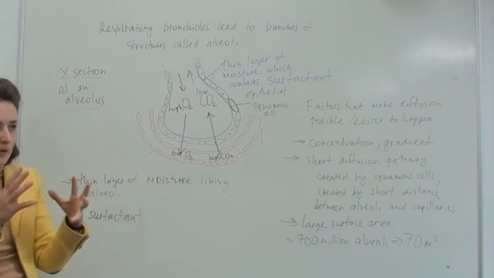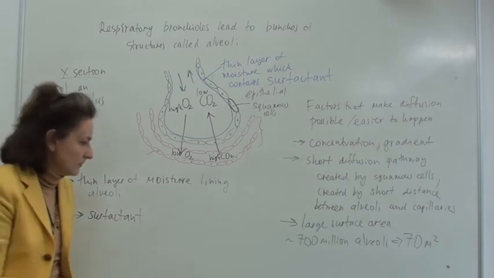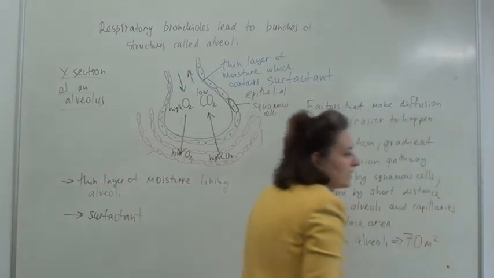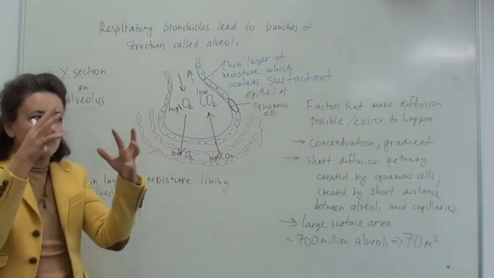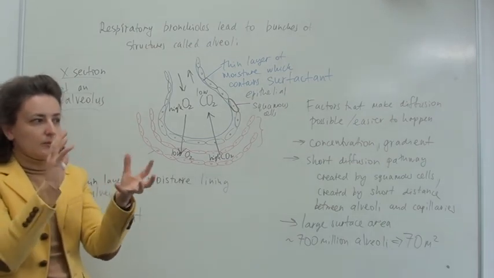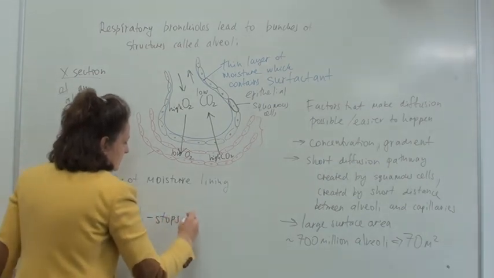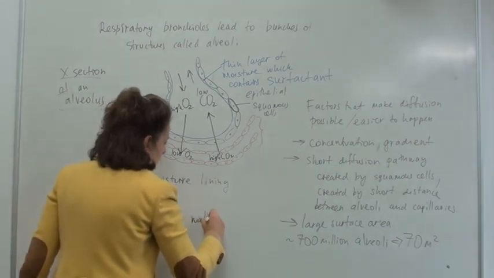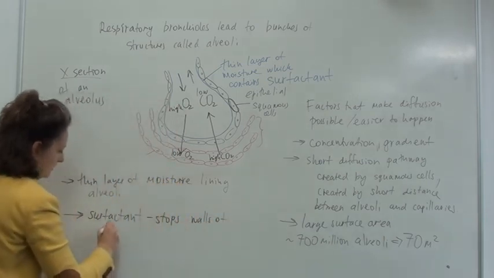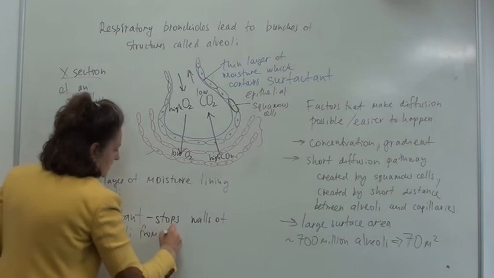It's stopping the walls of alveoli from sticking to each other, and therefore keeping alveoli nice and inflated and maintaining that bubble shape. So it stops walls of alveoli from sticking.